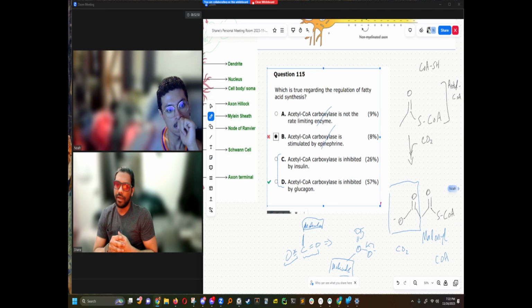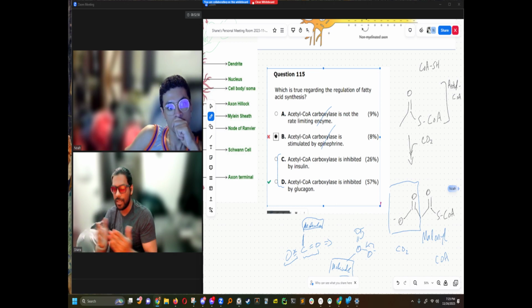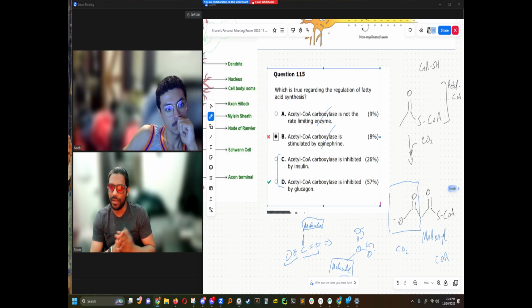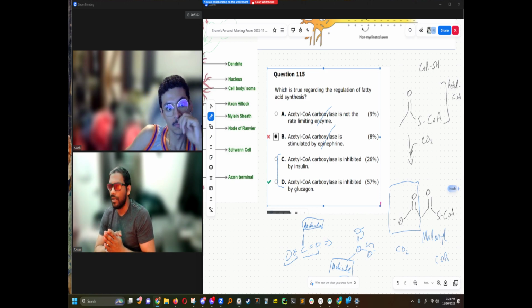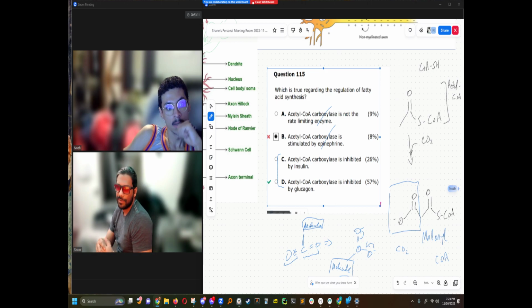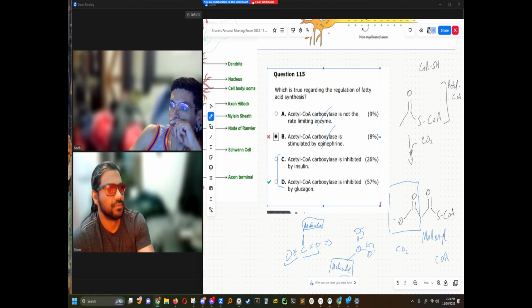But we want to first of all make sure that the amount of glucose in our blood is where we want it to be, and then from there we can make decisions about, are we going to be producing more fats? Are we going to be producing more proteins, things like that. Okay.